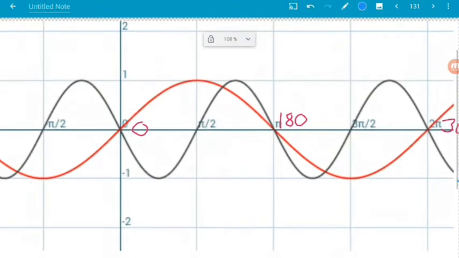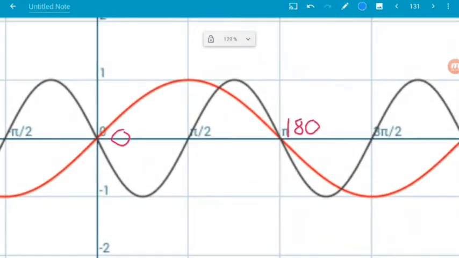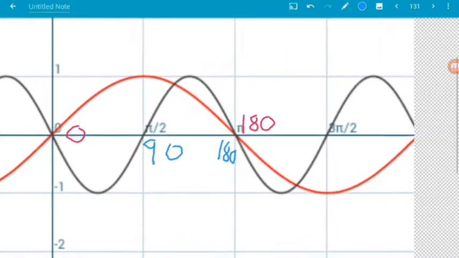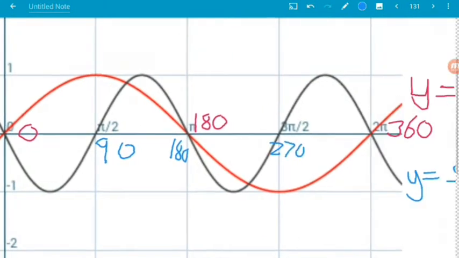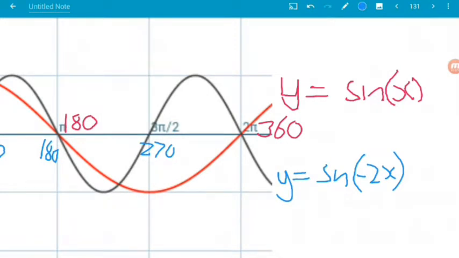So what's going to happen here then? This point, if you ignore the black writing, is 90. This point is 180. This one is 270. And then this one again is 360.